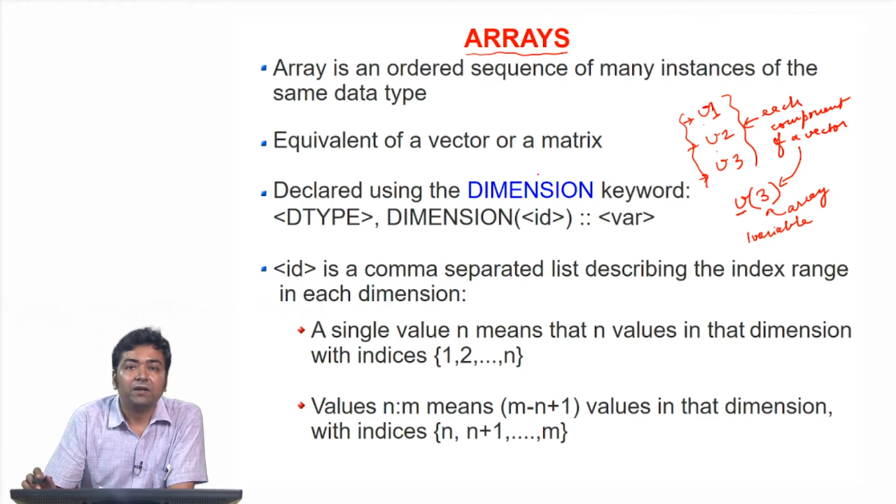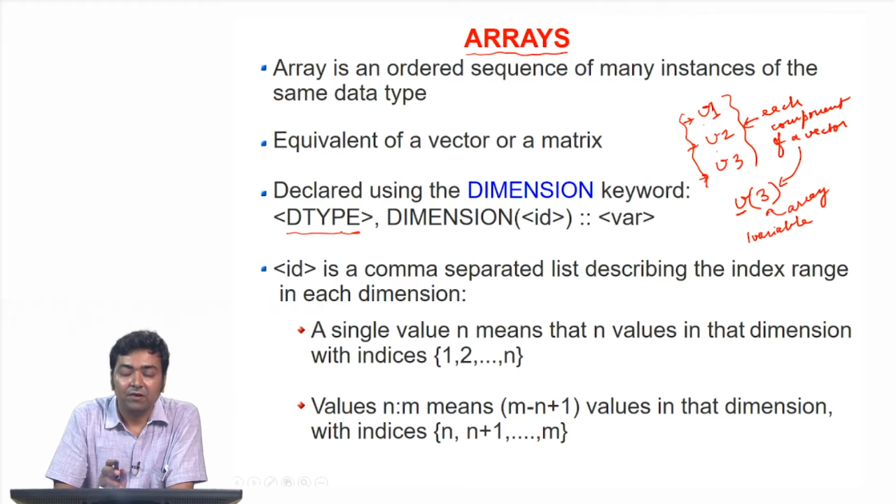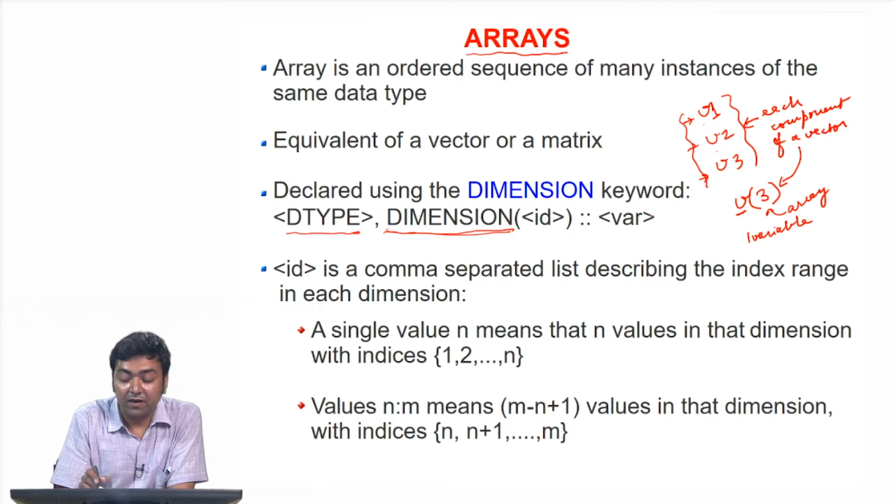The way one uses this is, an array needs two things to be mentioned. One is what type of data you are storing in that array, that is given by the data type. Then you also need to specify the dimension of the array, which is done by using the dimension keyword in Fortran, and then you give the variable name.